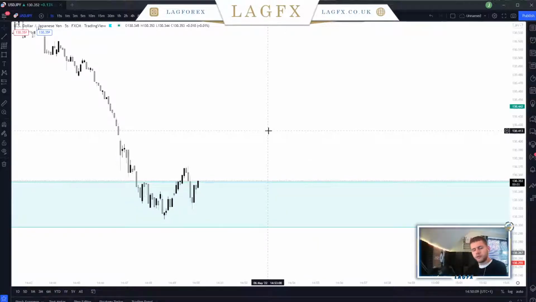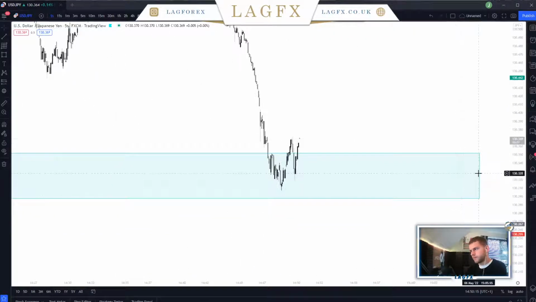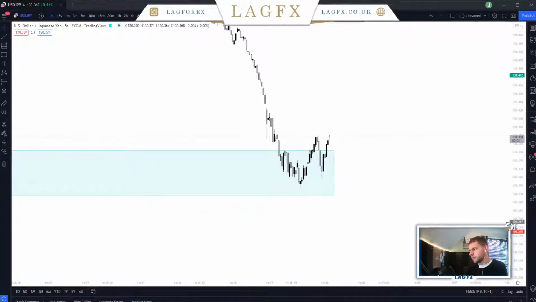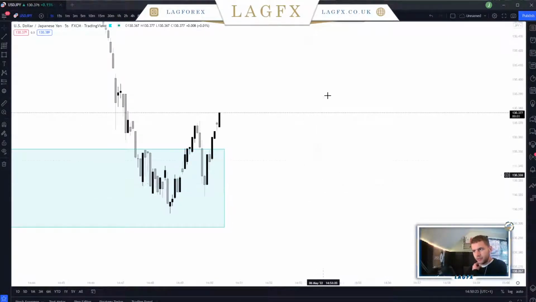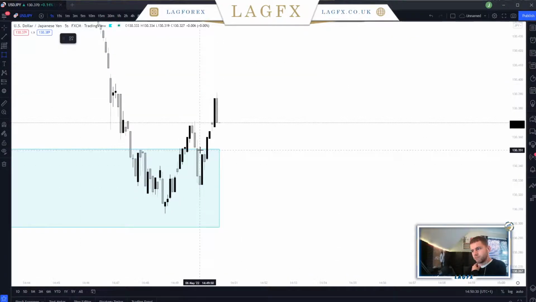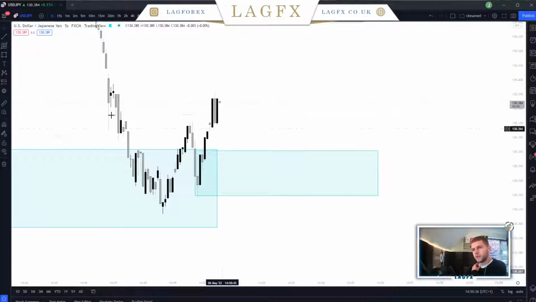I'm quite liking the look of this in terms of reversal. I want to see this high get broken, and then we'll start looking for the zones to potentially buy from. But patience is going to be a virtue here. Okay, yeah, we've broken that high, so now quite simply hoping to see price retrace somewhere into this region, I'd say, arguably.